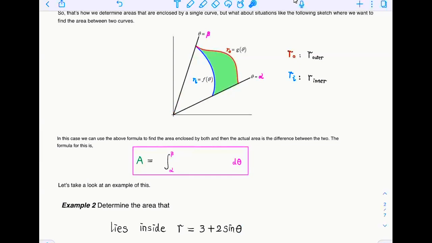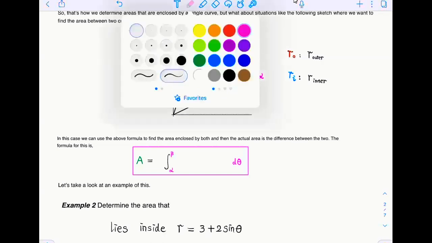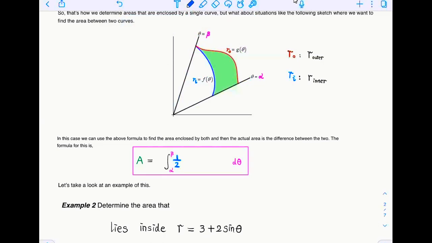Okay, so it makes sense that we come up with this formula. What do you think I should put as the formula for the area of this region? It is 1/2, integral of g theta minus f theta squared. Remember before it was r squared, so we take the outer r and square that. This integral corresponds to the area enclosed by the outside curve and these two rays.